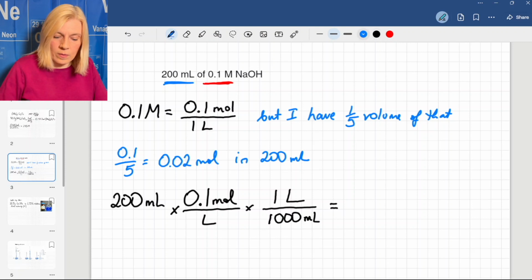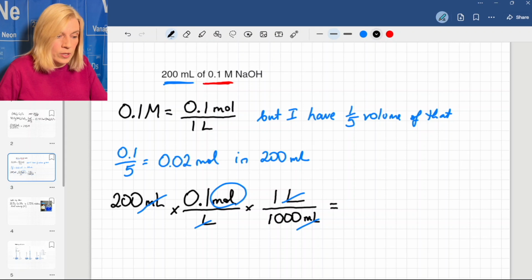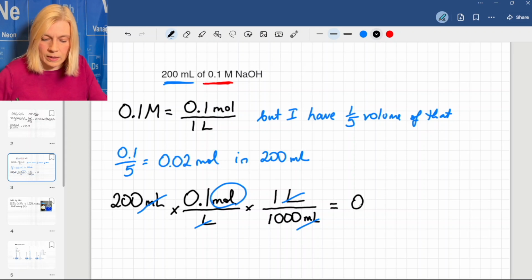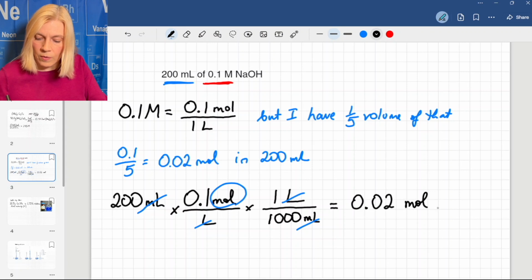I quickly cancel my units: my milliliters cancel out, my liters cancel out. I'm going to be left with moles. I crunch the numbers, and voila, 0.02 moles of sodium hydroxide.